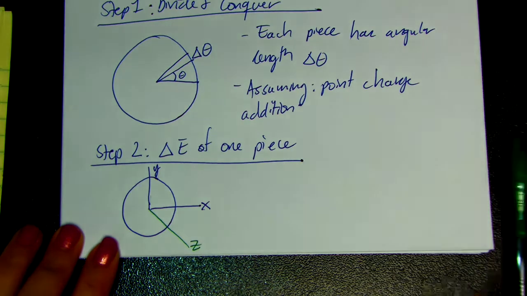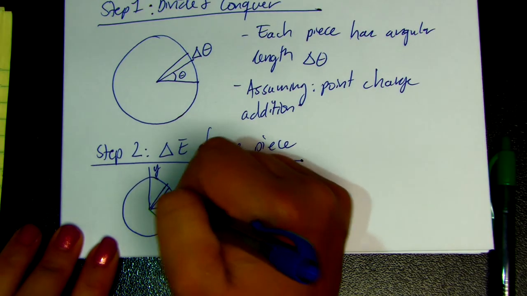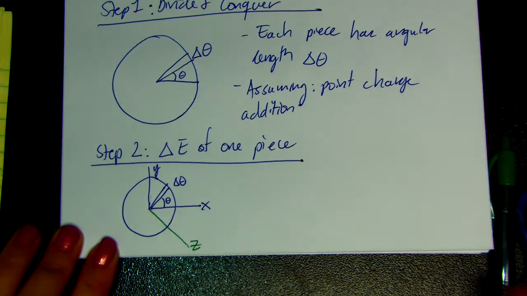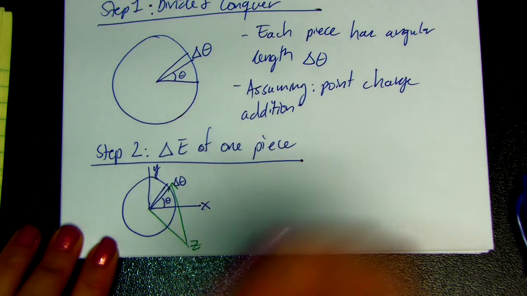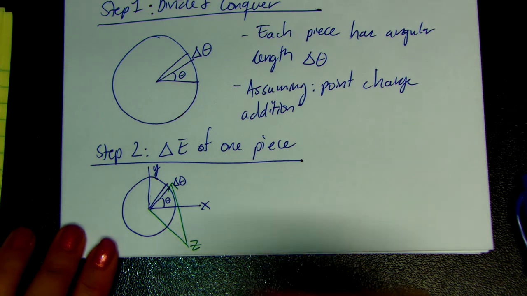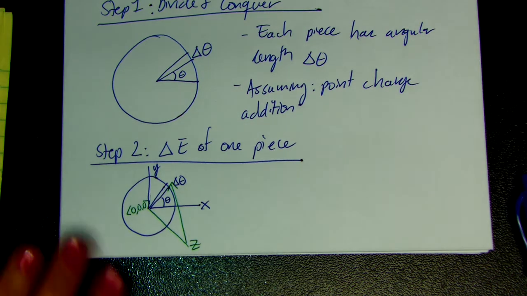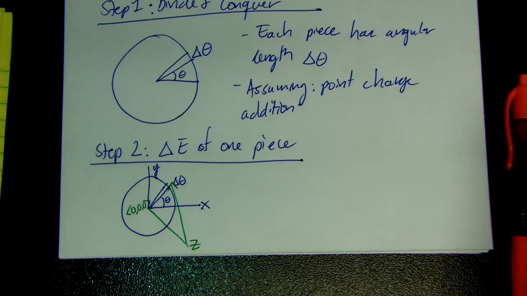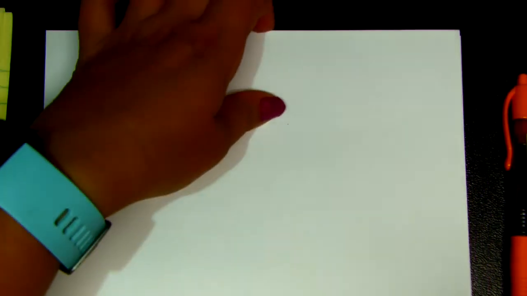So each of these little slices that we set up, these little delta thetas, our r vector will point from our observation location in z to the little delta theta on the ring, and then we're going to set the origin at the middle of the ring. All right, so here is our axis setup, and now let's write a few things down. Actually, I'll leave this picture here so we can easily reference it.